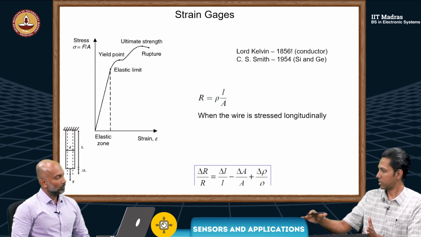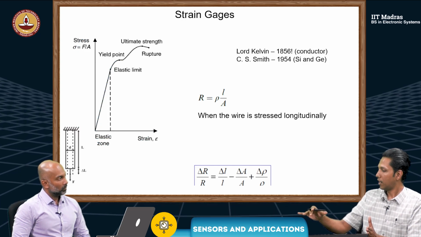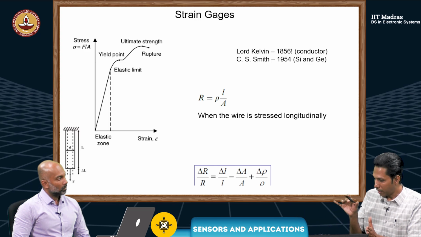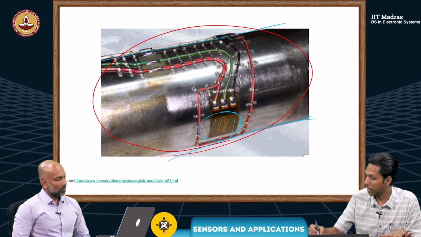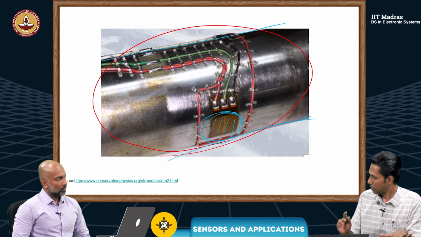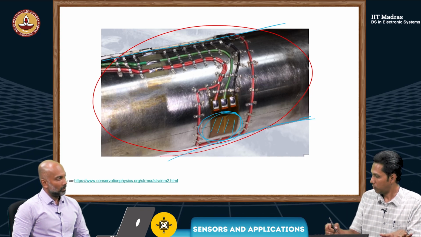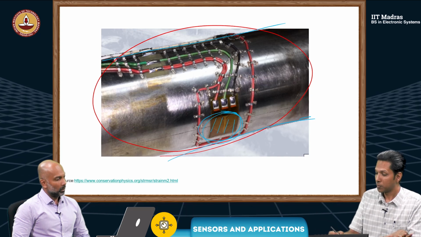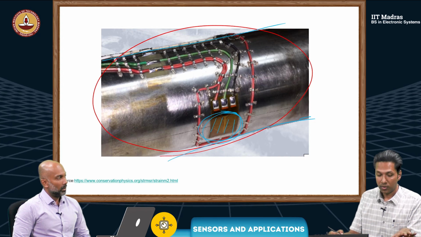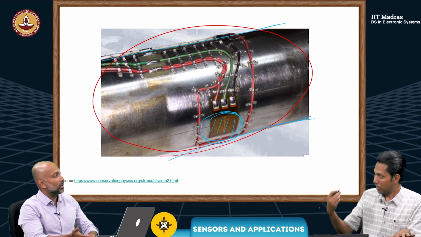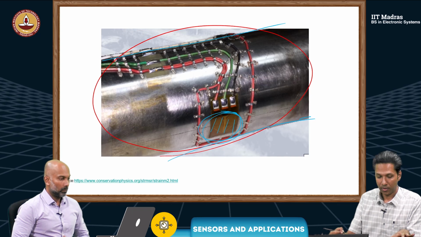There may be some dimension change like this. I attach some thin resistive element like we have shown in the previous diagram, and see its dimension change. Based on that, you'll be able to derive the mass.